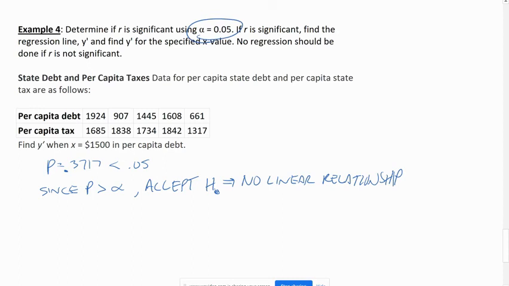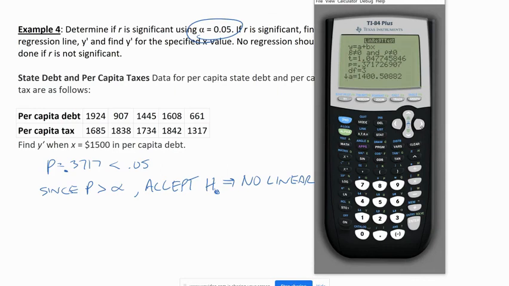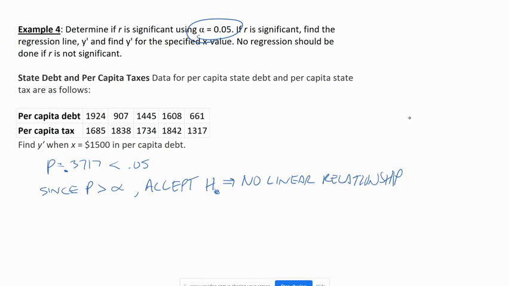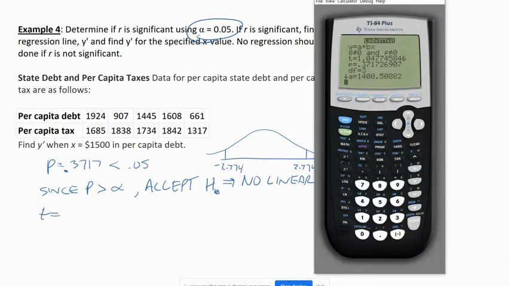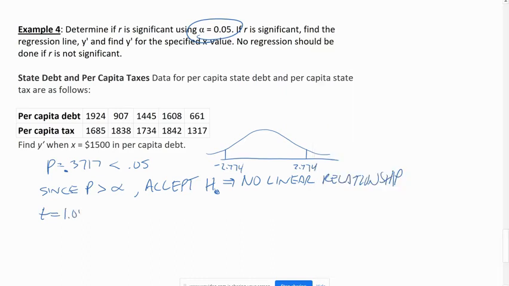That's one way. Again, we could do the same thing by using the t value. T is 1.048. At 0.05, the critical values are negative 2.774 and positive 2.774, and t equals 1.048 puts it here.